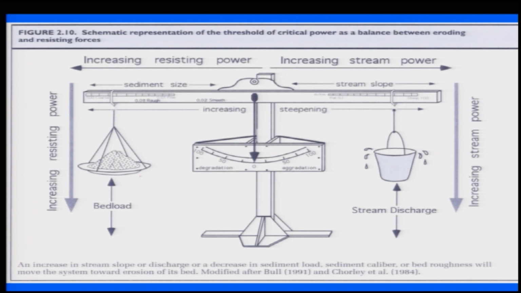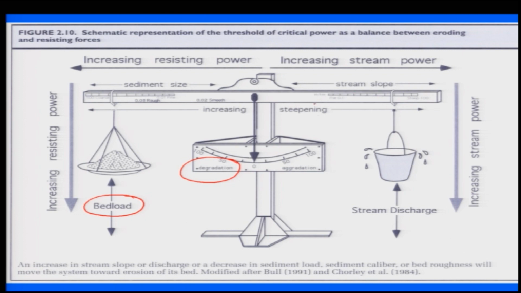What it shows here is the sediment size, which increases and decreases, and as the sediment size increases, you have more resisting power because of the internal friction between the sediments, and that will result in degradation and also an increase in the bed load.